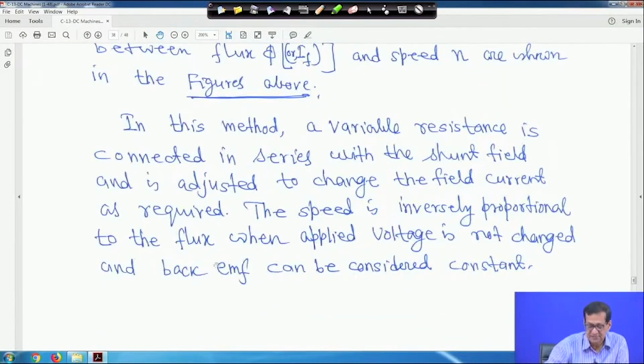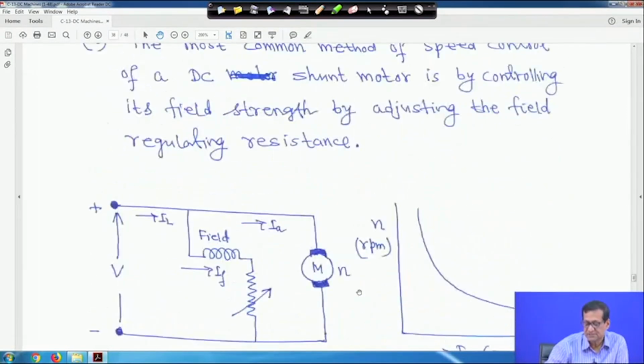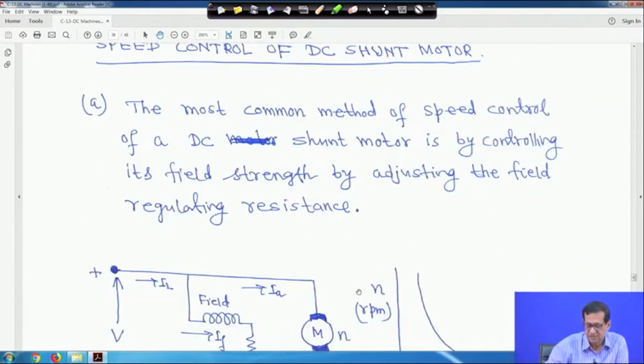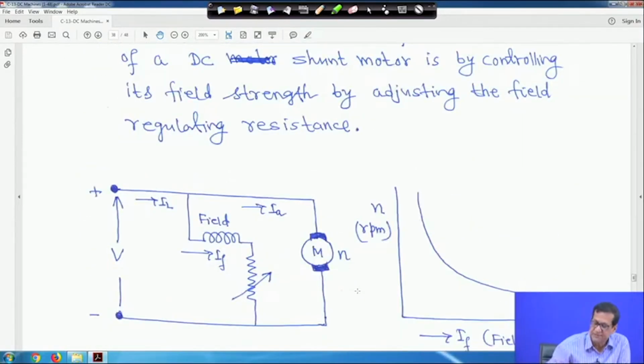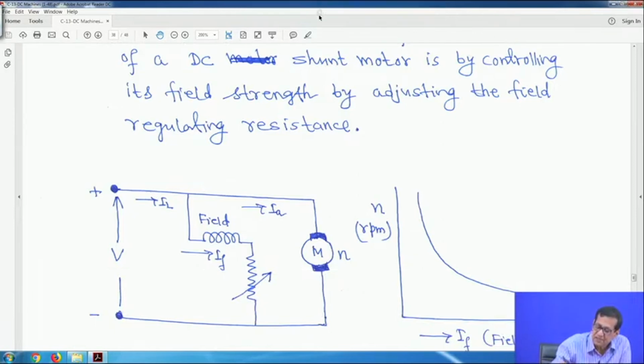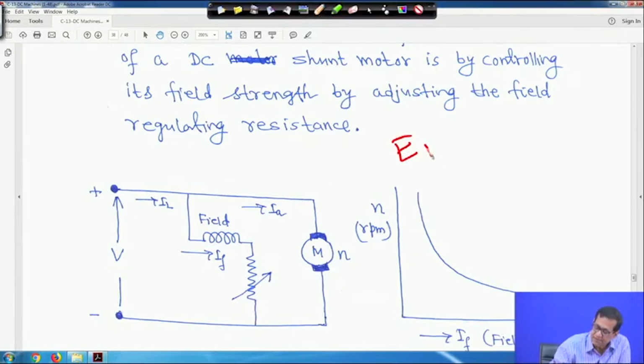So, the speed is inversely proportional to the flux when the applied voltage is not changed and back EMF can be considered constant. That means, we know this equation, that back EMF EB is equal to k into phi into n.